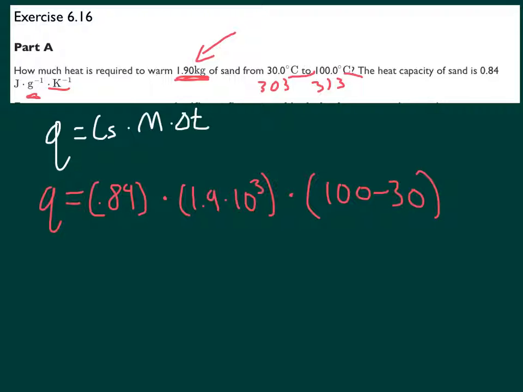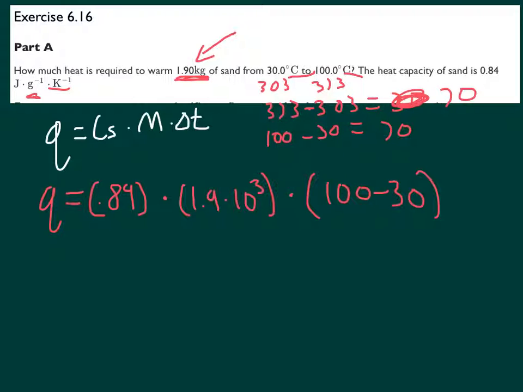Say if we want to do T final minus T initial, we do 373 minus 303, which equals 70. Oh, I apologize, it's supposed to be 70. If you notice, this is the same exact value from just doing 100 minus 30. Both values equal 70, so you don't have to convert from Celsius to Kelvin.